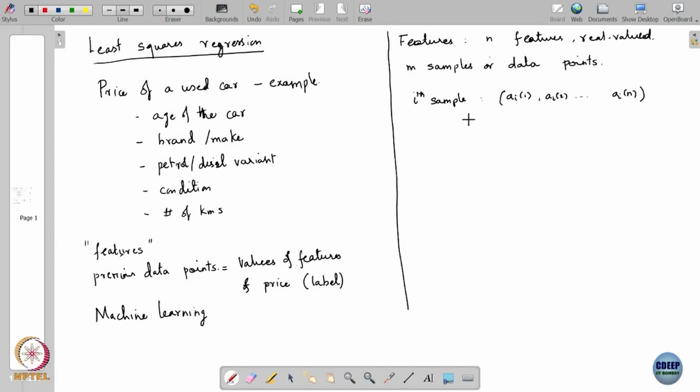Okay, this becomes a row vector like this. The column vector like this, a_i, will just be the column vector formed by these. This is a column vector. The price or the label that we have got for the ith sample is denoted b_i, and this is also a real number. So, label.